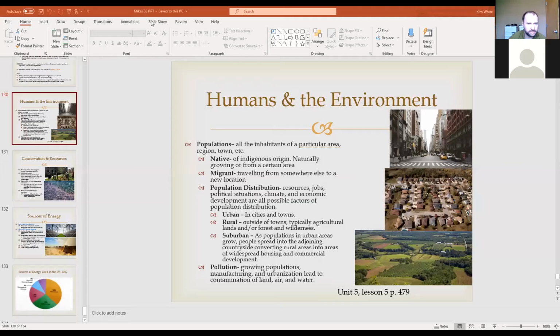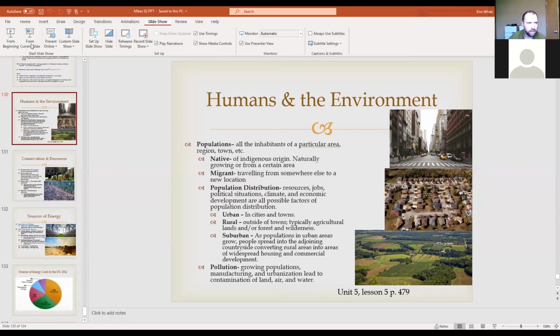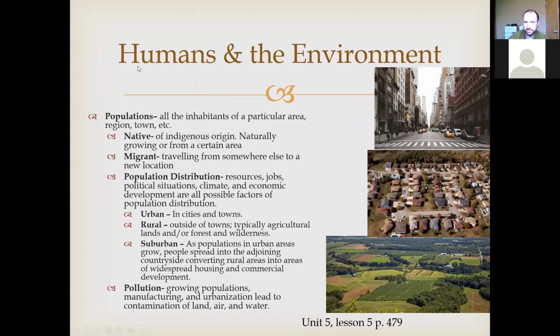Today's section just talks about humans and the environment, and some basic terms, nothing real complicated or in-depth, just how humans interact with their environment and impact the environment. And then tomorrow we'll spend some time talking about conservation and sustainable use of resources and different energy sources, and some things that we've actually talked about in science where there's a little bit of an overlap. But today I just want to talk about this slide here, and then we'll jump to some practice questions.